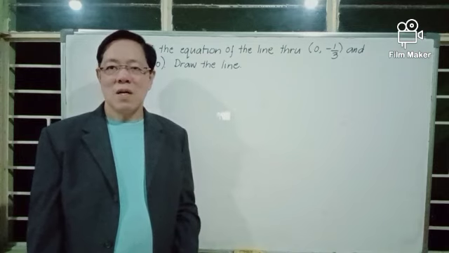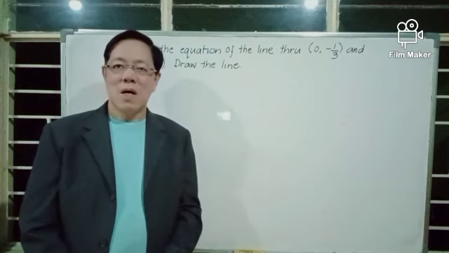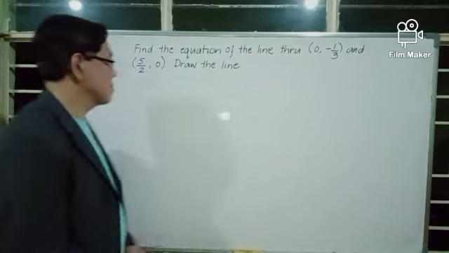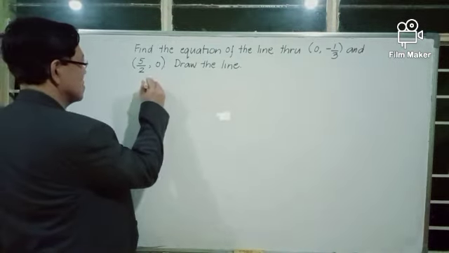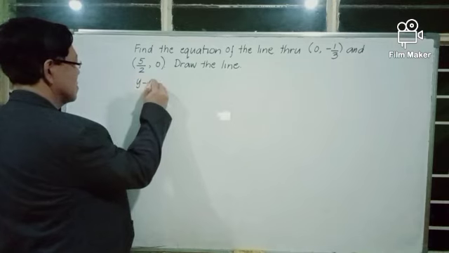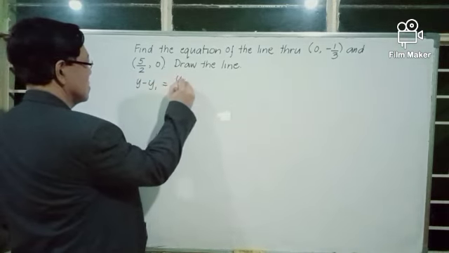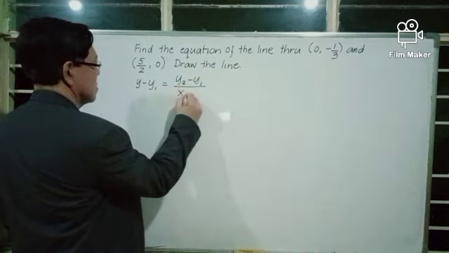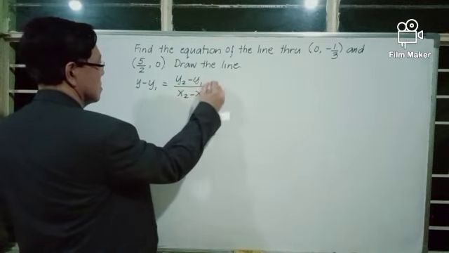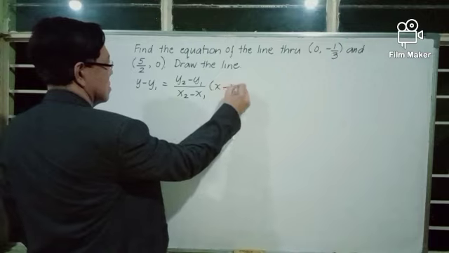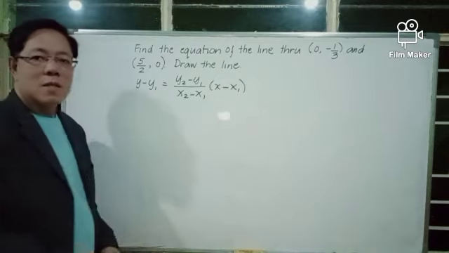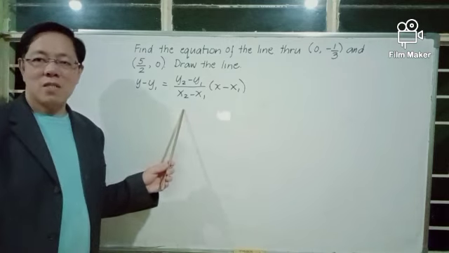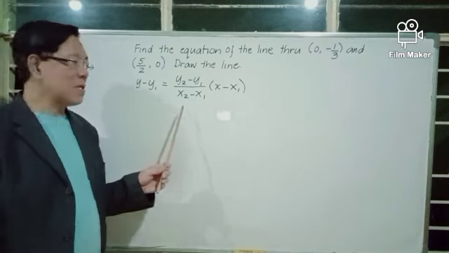First, we use the 2-point form of equation of the line, which is given by the following. This is the 2-point form of equation of the line as we have discussed in the previous lesson.